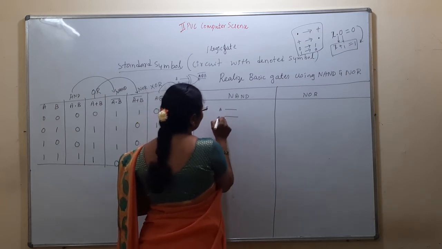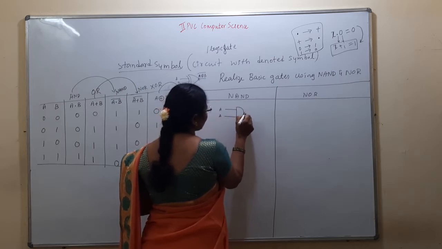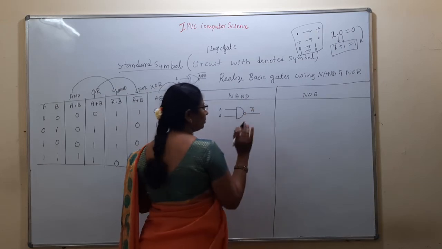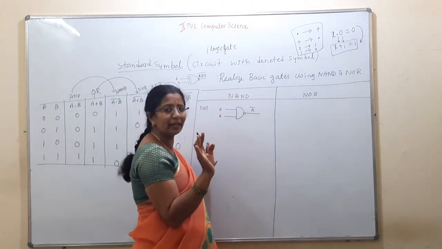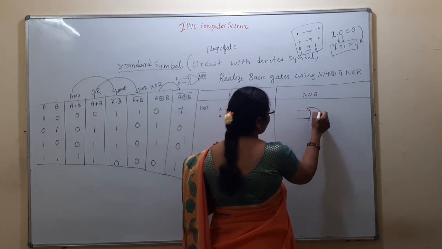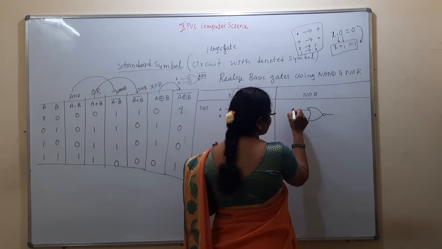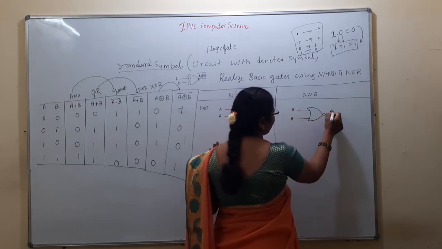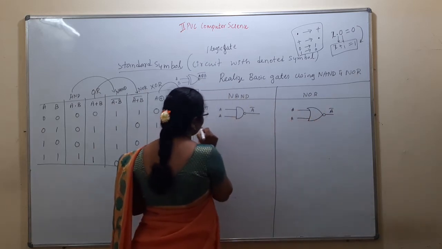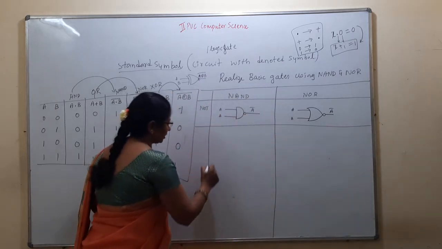Take a single input, give it to the NAND circuit, you will get A complement. Just write that one, you don't write anything. Similarly, write here the NOR circuit with the complementation, A complement. So we got the NOT gate.